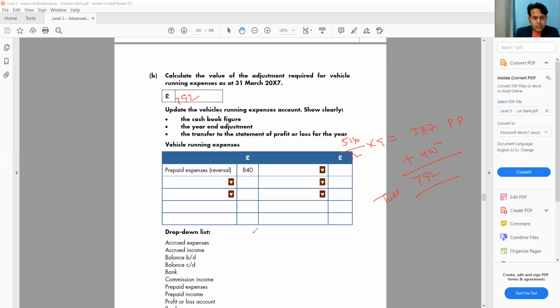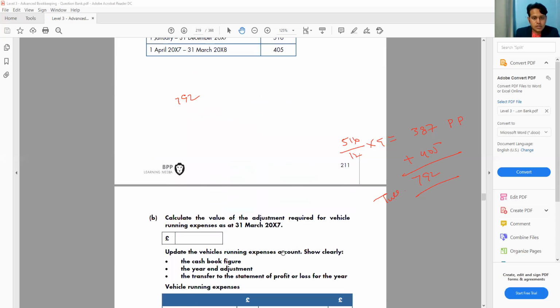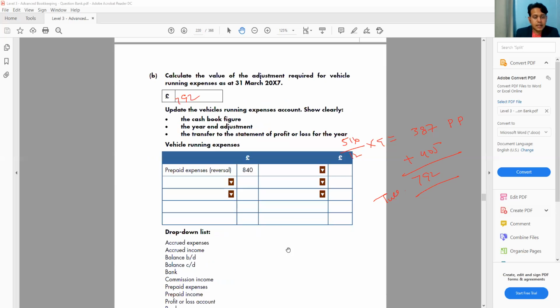If the question said anything else about it, no. So that's all. So we have 792. This is our adjustment figure. Now this adjustment, obviously we have to minus from the expense, so remember you need to put the minus sign before that. This one will reduce the expense for this year, so you have to put the minus.